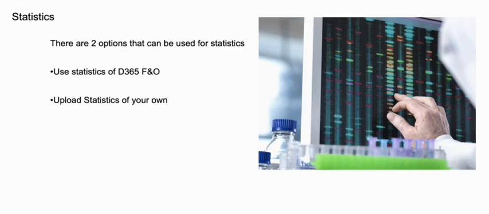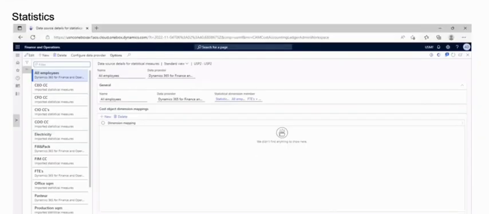For example, if you would like to have the square footage, you can directly upload that statistics and use it in the system. Here is our statistics. We have all employees, FTEs, square meters, etc., as you can see. Here you can select the data provider.